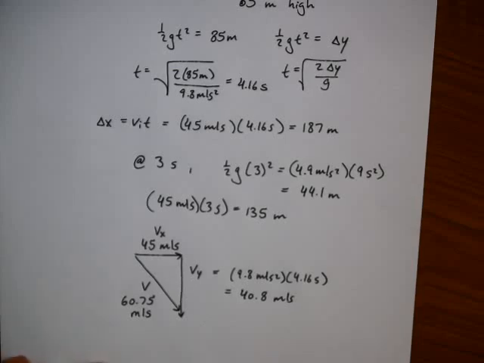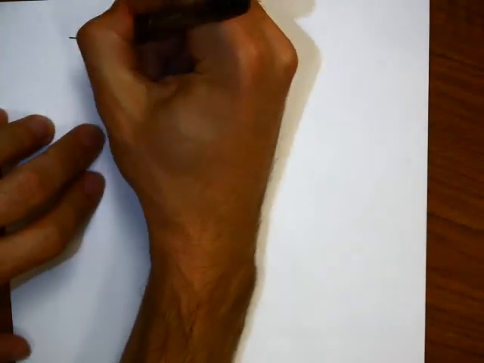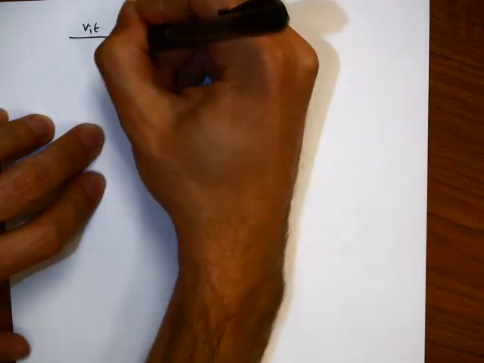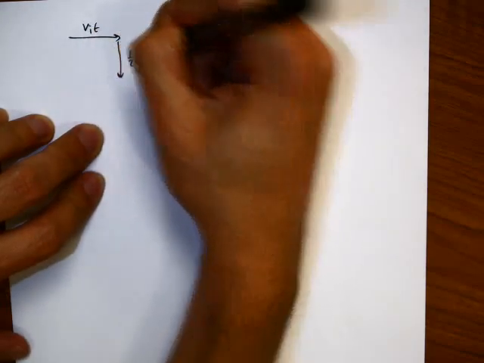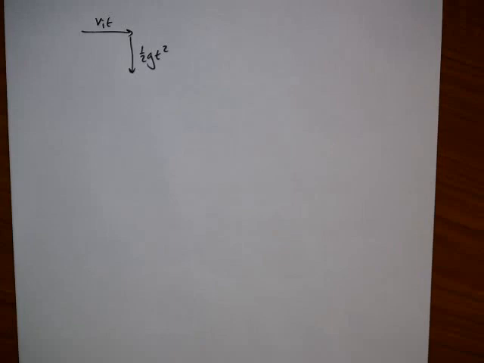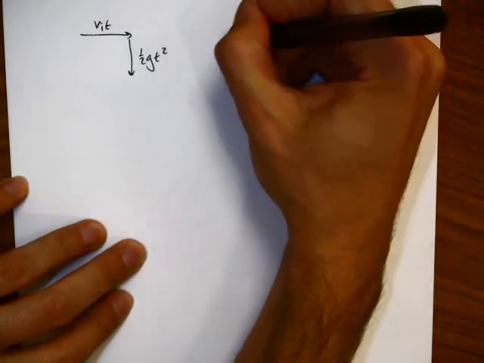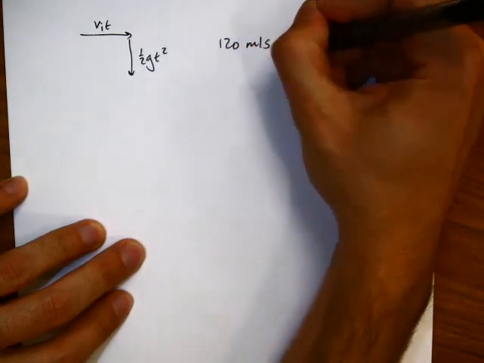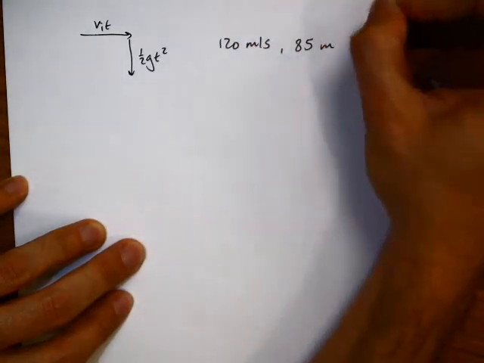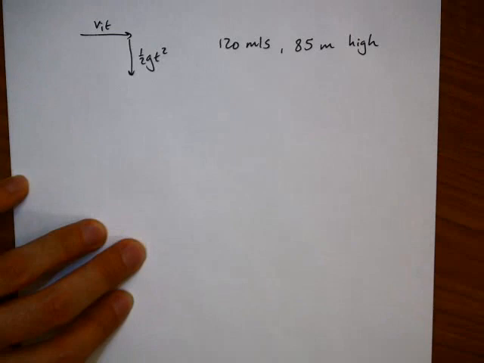Let's look at a new problem, a new cliff problem. First thing is to draw that vector diagram. VIT, 1/2 GT squared. Let's say the object is going 120 meters per second and the cliff is 85 meters high. That's the same height as the previous problem.